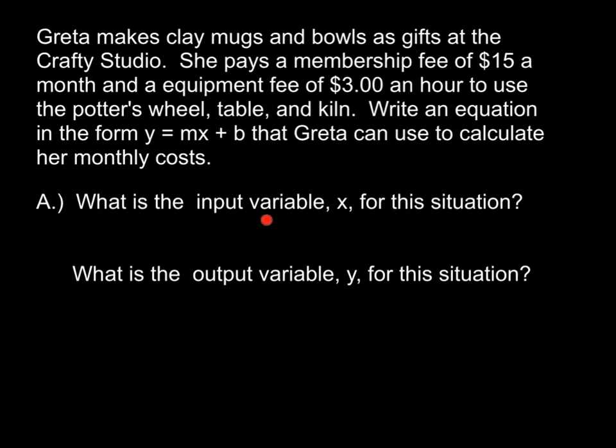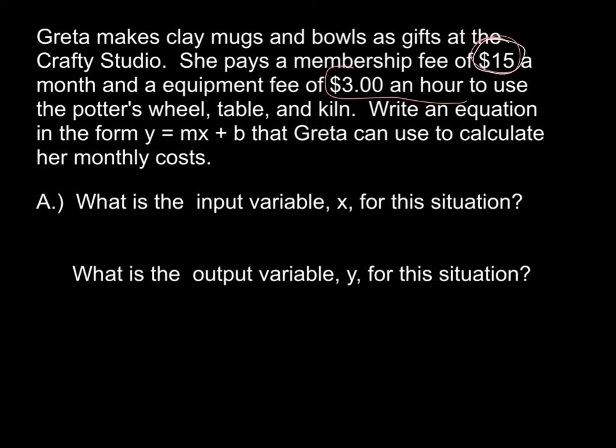So now, what is the input variable x for this situation? Input is the number that's going to be going into the equation, the one you get to choose the value of. Well, actually, before we go into that, let's take a moment and circle some of the important information in the problem. We are talking math here, so we're talking about money. You've got $15 here.